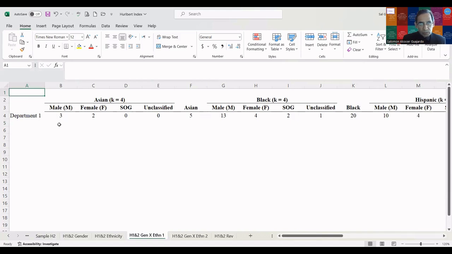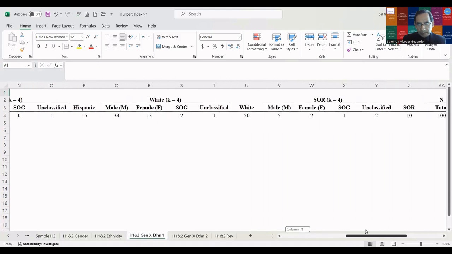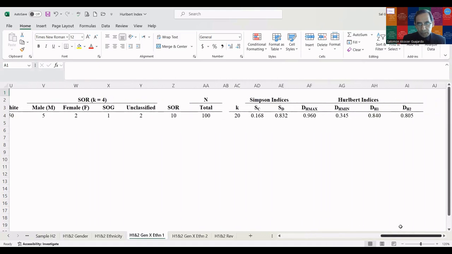Consistent with episodes 1 through 3, I have the ethnic groups and the gender composition for each ethnic group. Now the formulas become more complex with more individuals or more categories. Again, I still have 100 individuals. K in this instance increases to 20.